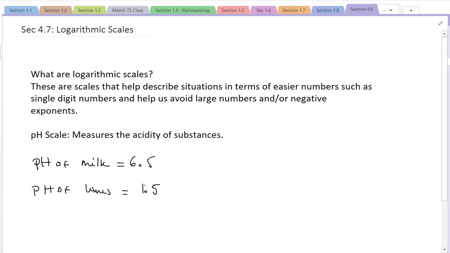So what does this mean? This discusses the acidity. Notice that limes, 1.5, means it's very acidic, versus milk is not as acidic.